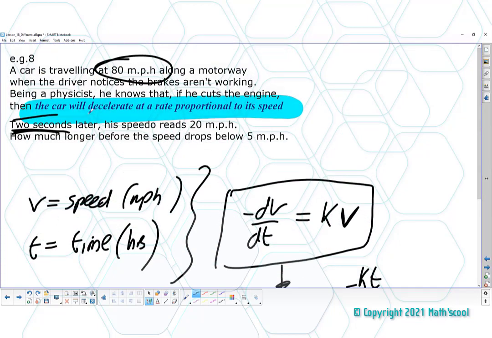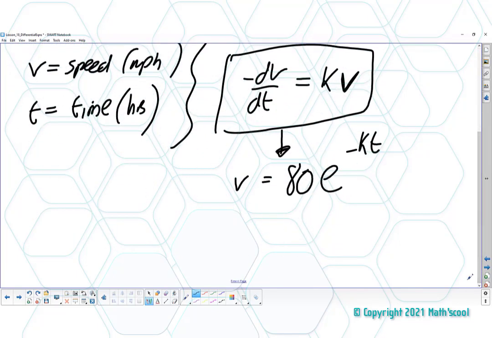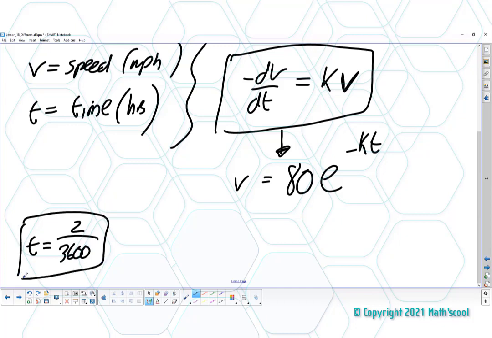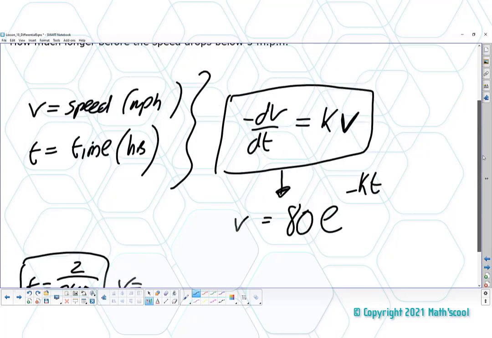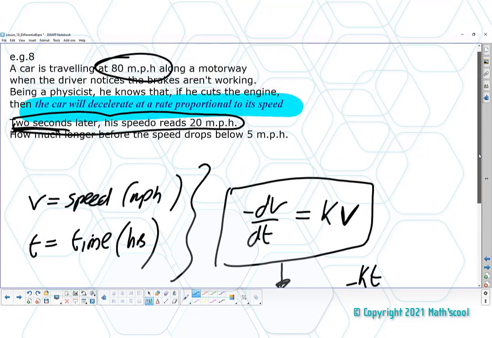2 seconds later, his speedo reads 20 miles an hour. I want to put in T as 2, but I can't really. It's going to be 2/3600, 2 seconds. V equals 20.